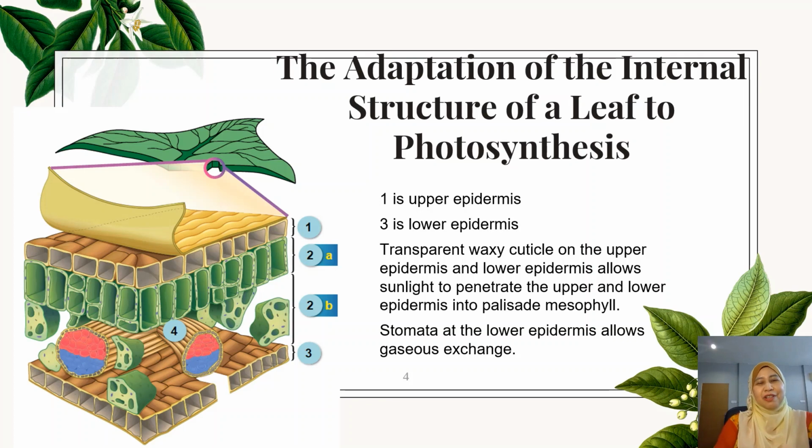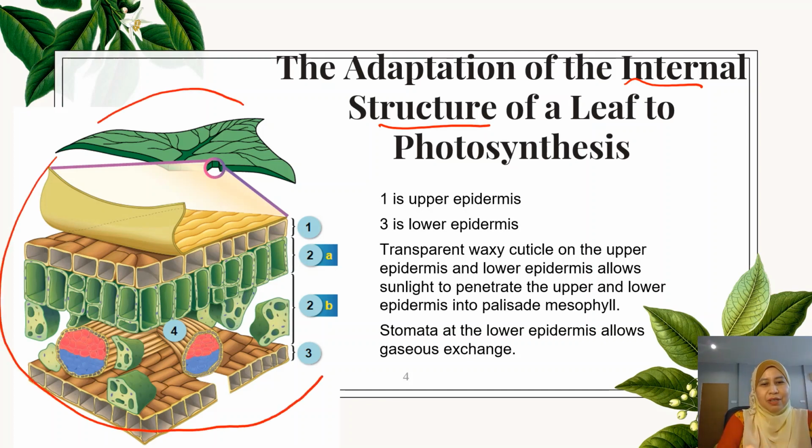The next section of this topic is on the adaptation of the internal structure of the leaf to photosynthesis. Now, look at the internal structure of a leaf. Label number 1 up here is the upper epidermis, and down here is the lower epidermis.